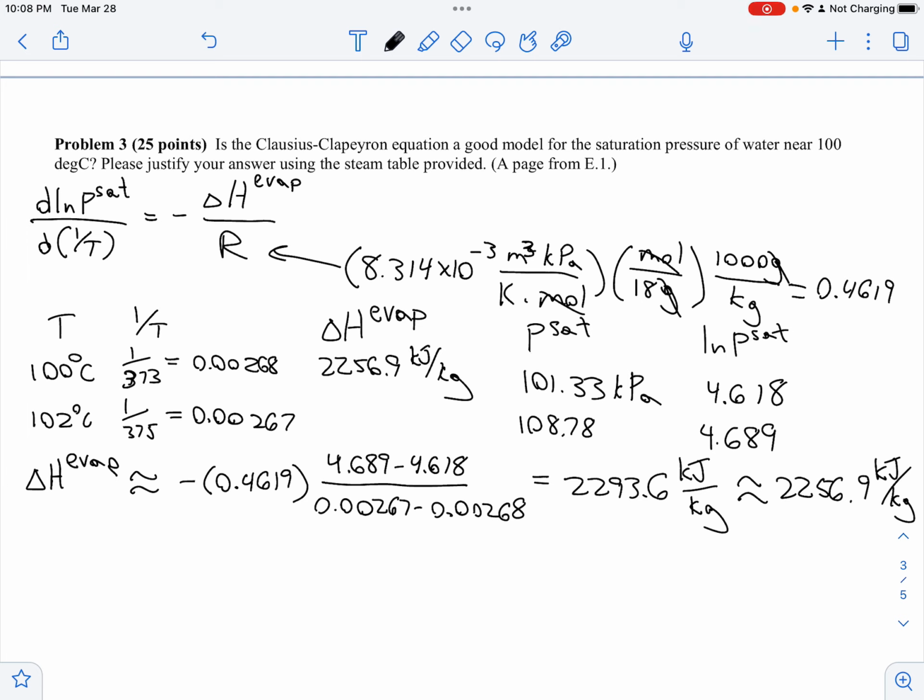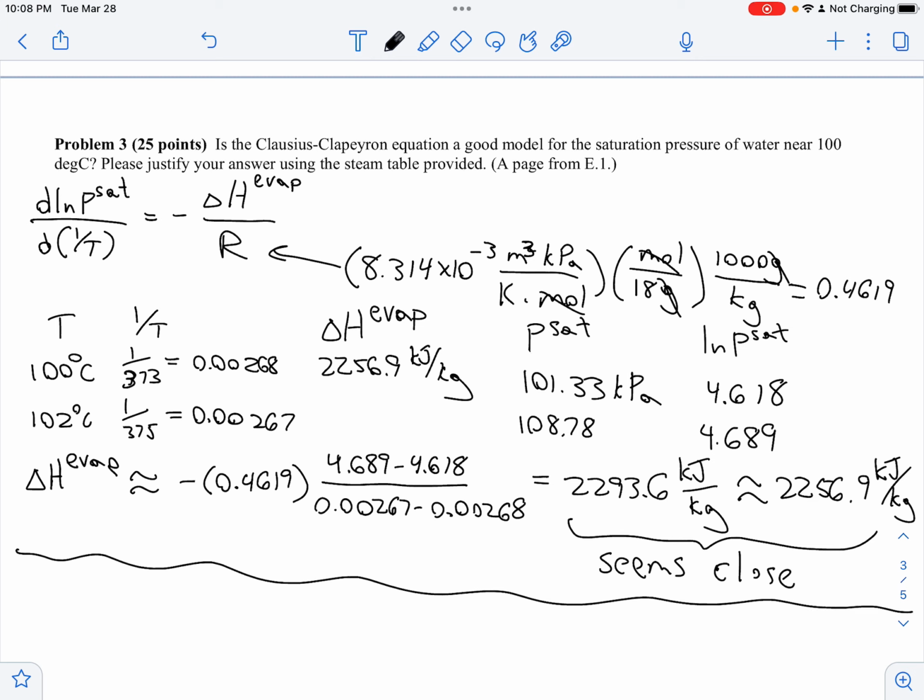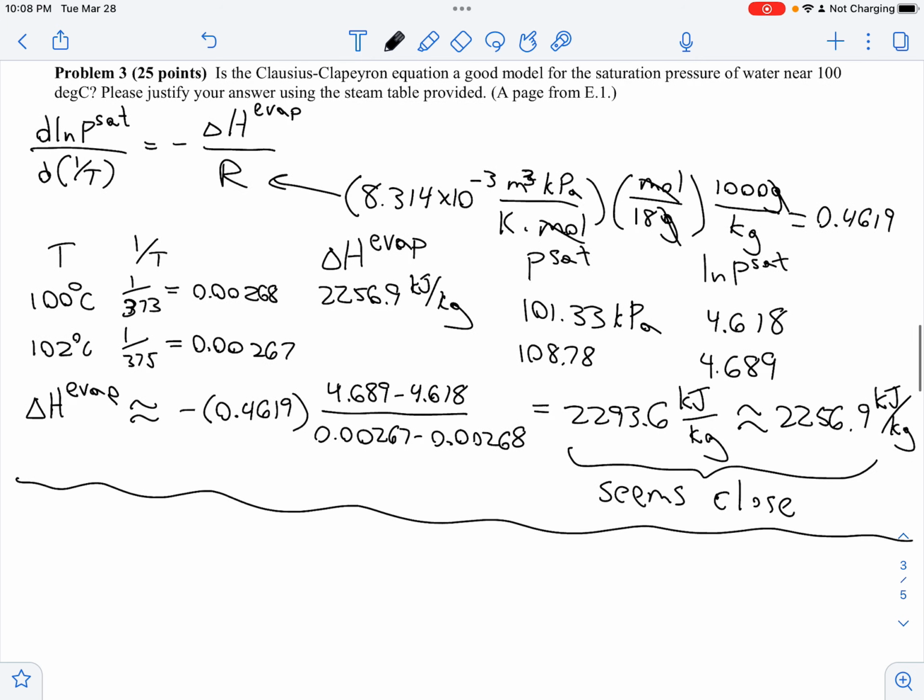I would actually just write something like seems close or reasonable. Another way to approach this problem that I think is equally valid is to go back to the basic assumption and test whether that is true.